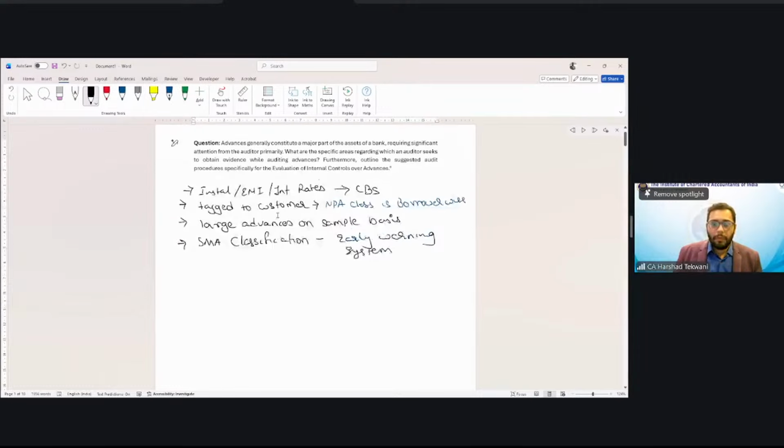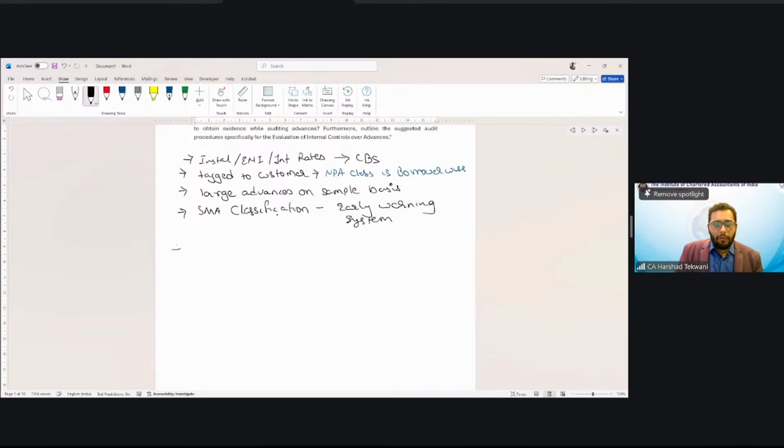Then we will go and check any account or loan where internal or external auditors have provided adverse comment. Why?